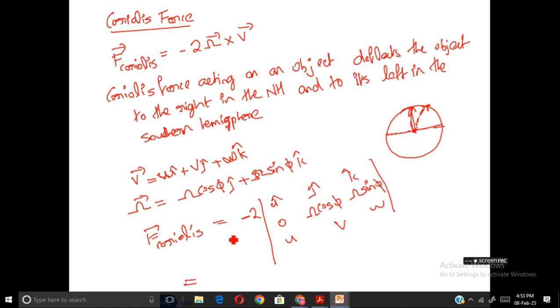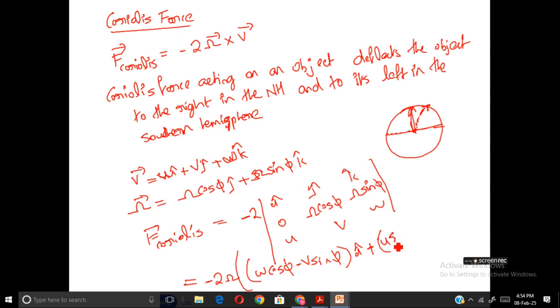Minus 2 omega into, along the i direction, it will be omega w cos phi minus v sin phi, minus j, along the j direction it will be 0 minus u omega sin phi.